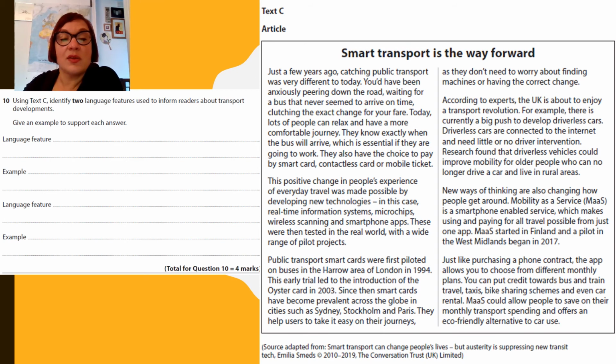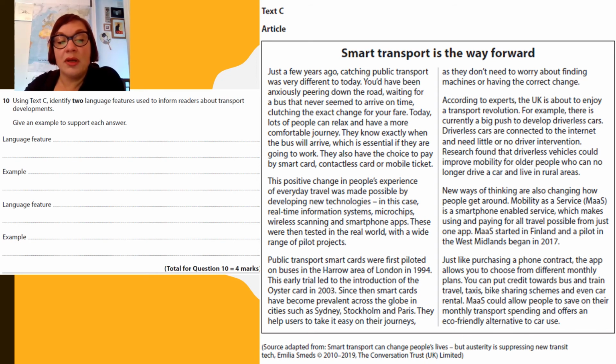So here is question 10. You have the text and it says, identify two language features used to inform readers about transport developments. So you're going to look for the language feature in this text and then give an example.